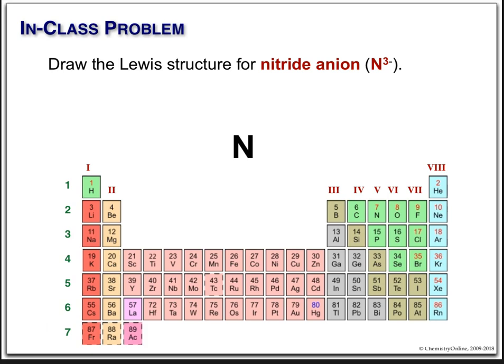With 5 electrons, we'll have 1 set that's paired and 3 individuals. Now the nitride anion is at -3, right? So we need 3 more electrons. And that's the nitride anion.